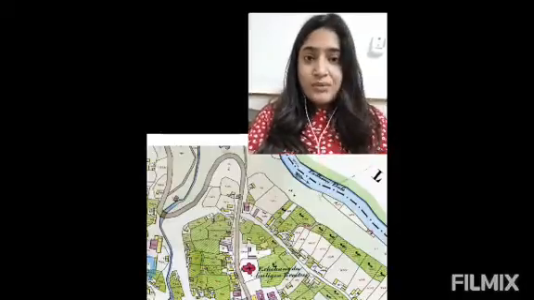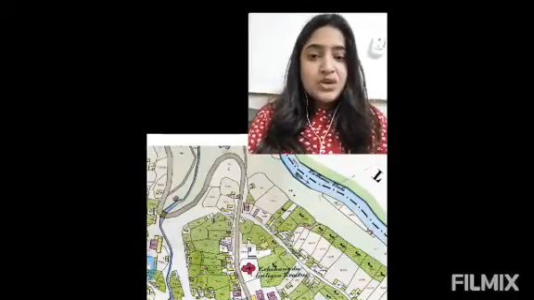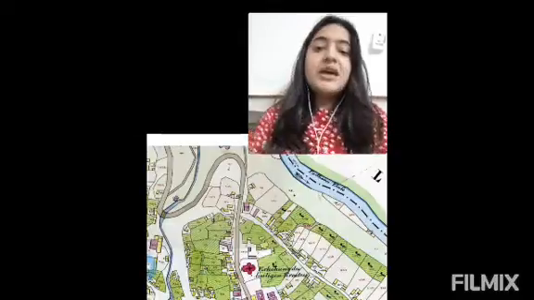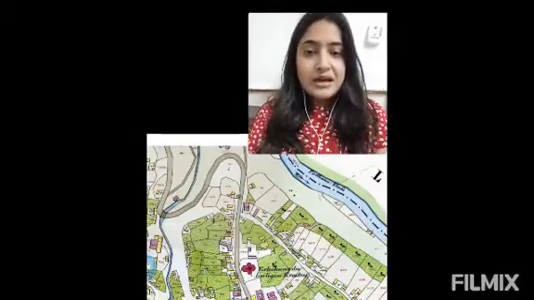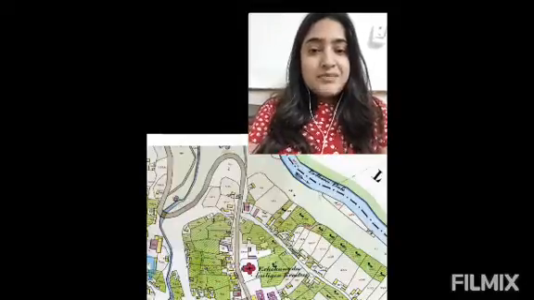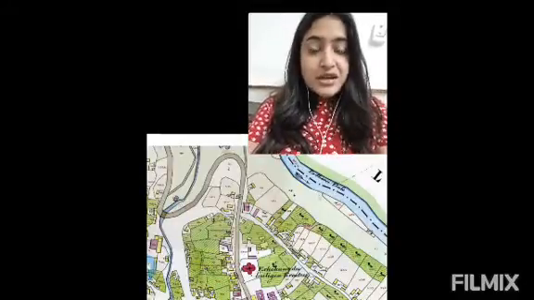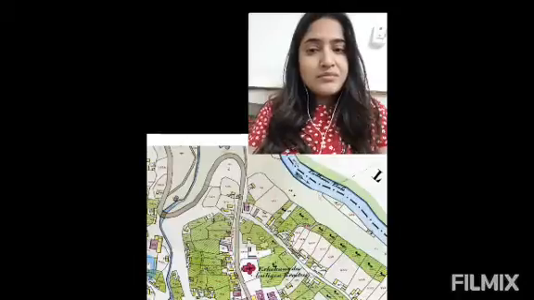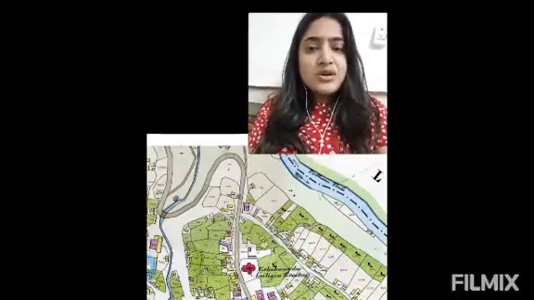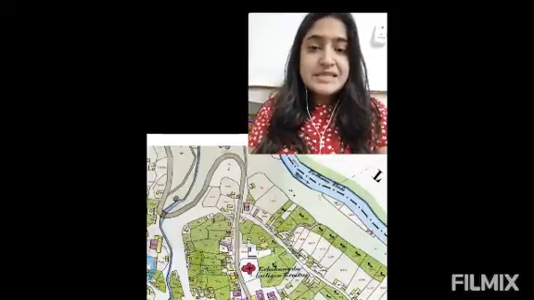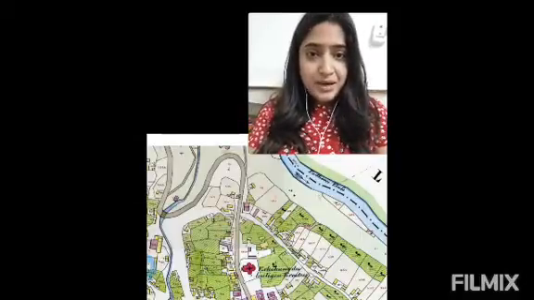Suppose you're traveling from one part of the city to the other part of the city, you need to see this map, right? Where you'll find the most traffic area, right? So this map shows the railway lines, roads, and bus routes, you can say, the railway tracks, you can say, all sort of transportation tracks you can easily find in a transportation map.